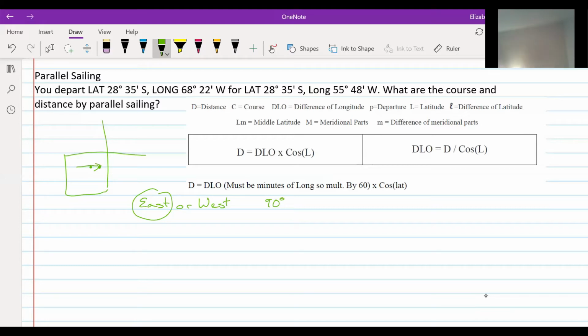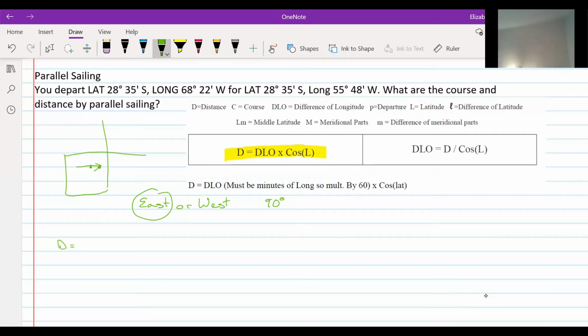To determine our distance by parallel sailing, we'll use the formulas listed on the screen. For this type of problem, we will only be using this formula: D, or distance, equals D long, or difference of longitude, times cosine of L, or our latitude.